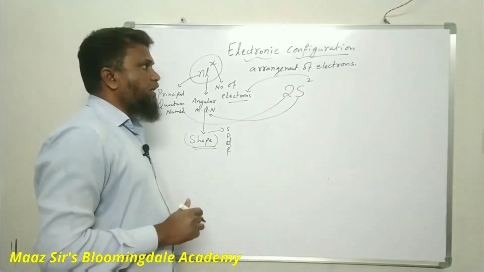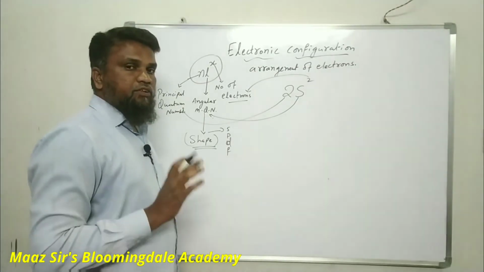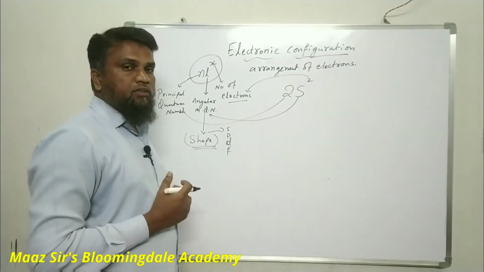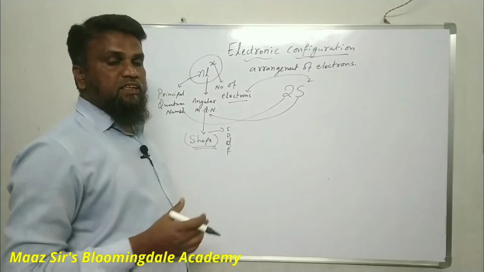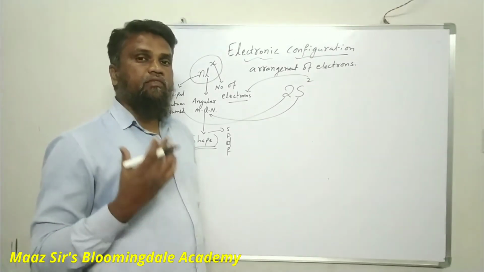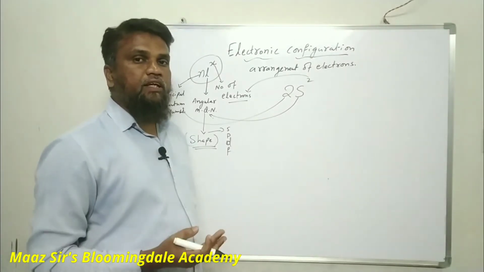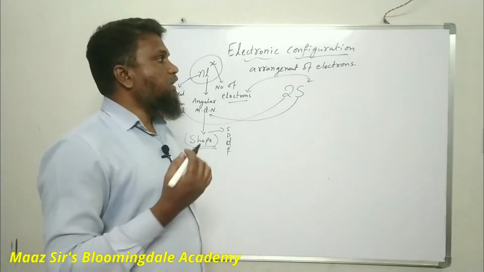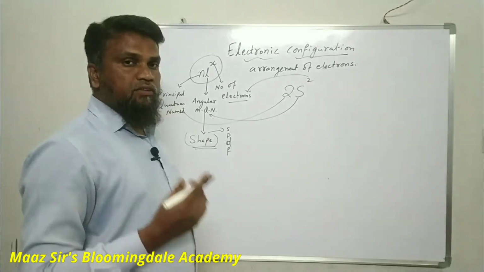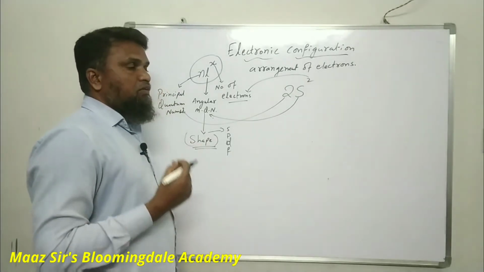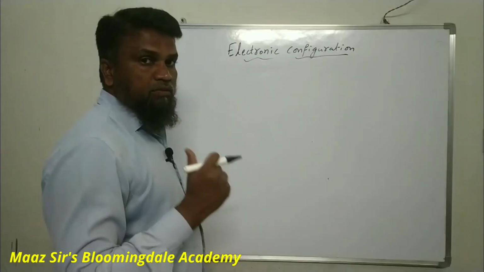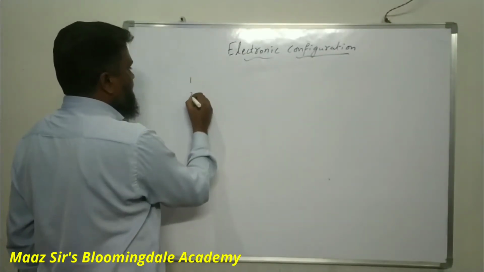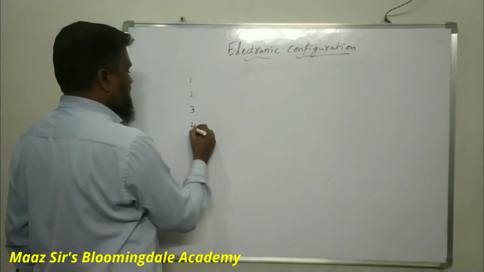If you want to write electronic configuration, you need a chart known as the molar chart, so that it will be easy for you to write the electronic configuration of any element, let it be 100, 110, 120 or any element. Understood? So first of all, we will see what a molar chart is. In the molar chart, we write the orbitals.